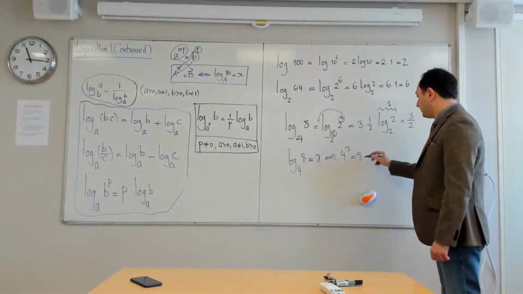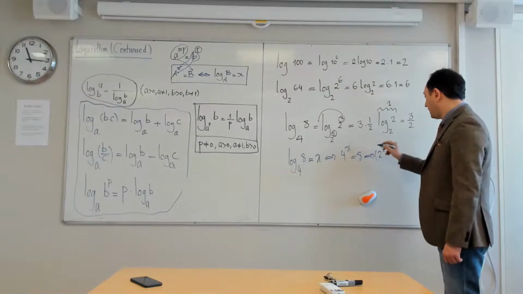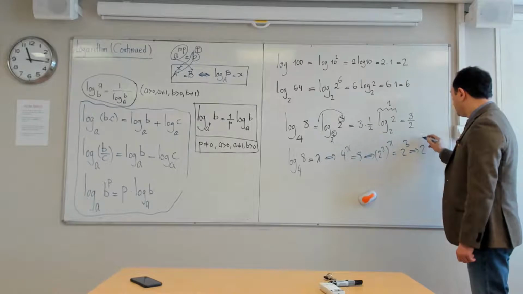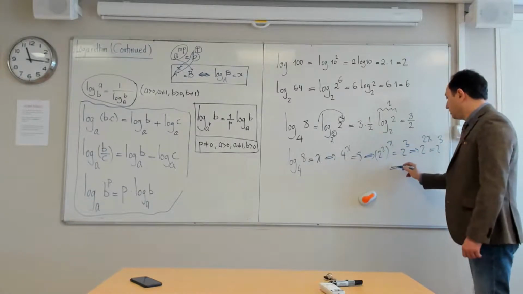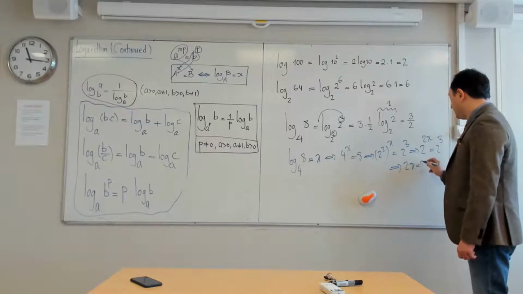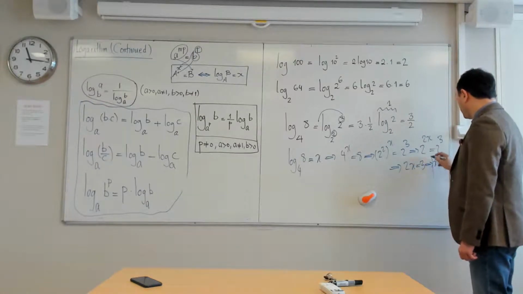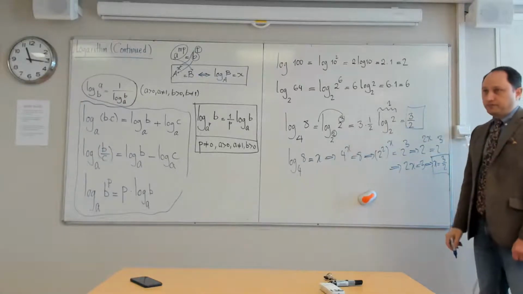Instead of 4, I wrote 2 squared, so 2 to the 2 to the x. Instead of 8, I write 2 to the 3. And then this becomes 2 to the 2x equals 2 to the 3. Then I concluded that 2x is 3. Then I want to make x alone, so I divide by 2. So you see, this answer is exactly the answer that I got.